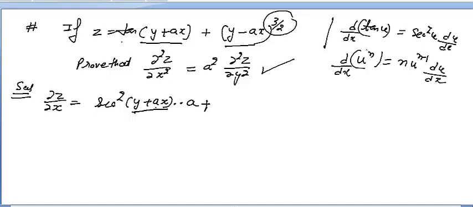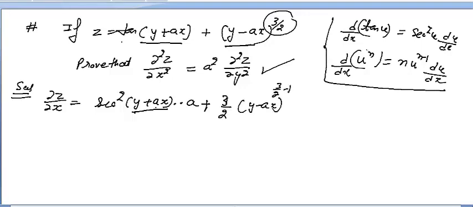Correct? I am writing the formula also. So u raised to power n, 3 by 2 here, y minus ax raised to power 3 by 2 minus 1, and derivative of u again. Derivative of y with respect to x is 0, derivative of minus ax is minus a.